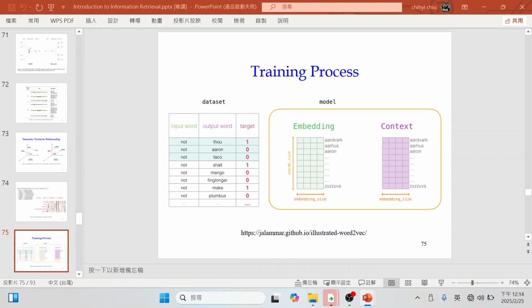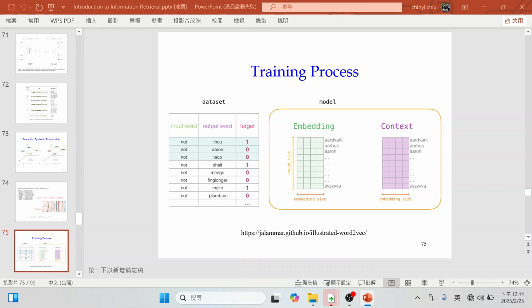And the model will use 2 matrices. One is your embedding matrix. For each word, each row represents a word's embedding: the first row is the first word's embedding, and the second row is the second word's embedding. You have all of your dictionary's words shown in your embedding matrix.